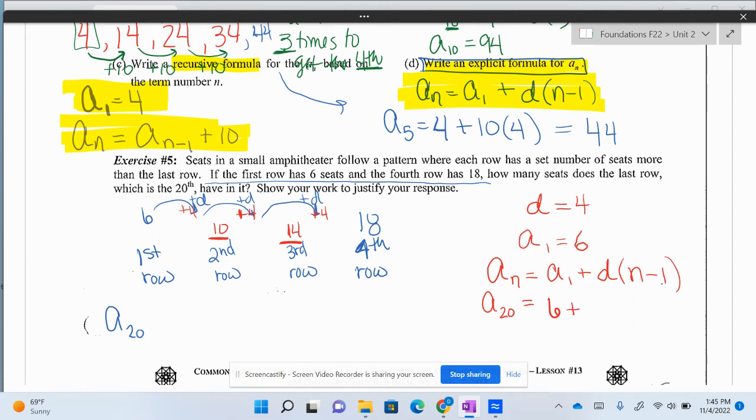What is the common difference, or the script D? 4. Times the quantity, what is n? 20 minus 1. So let's do some math here. That says 6 plus 20 minus 1 is 19 times 4 is 76. So how many seats are in the 20th row?